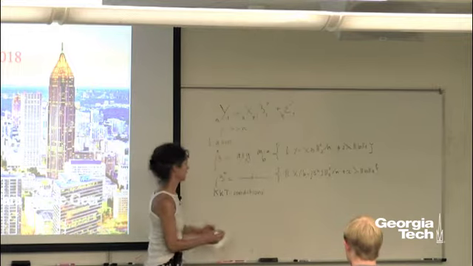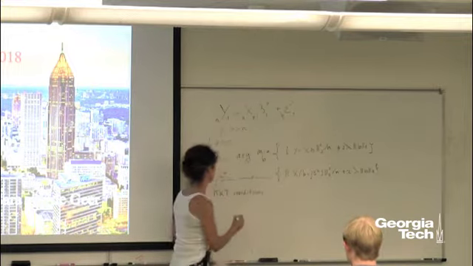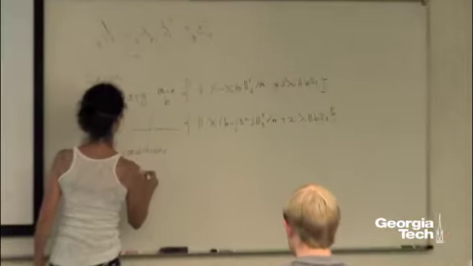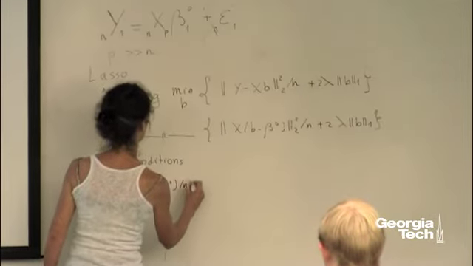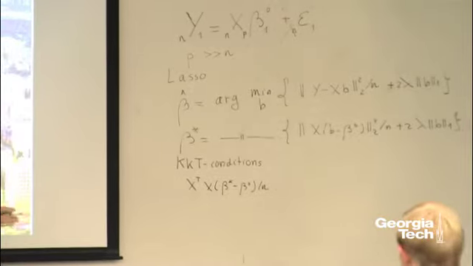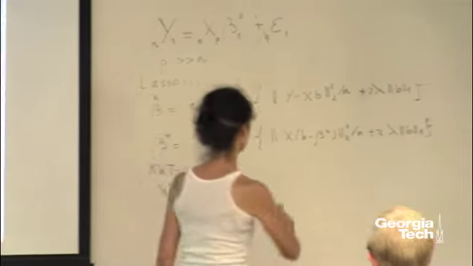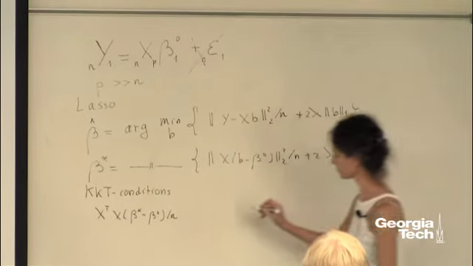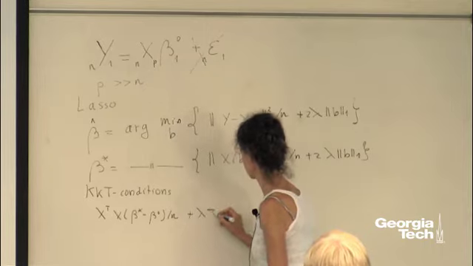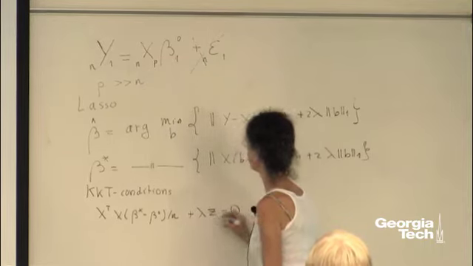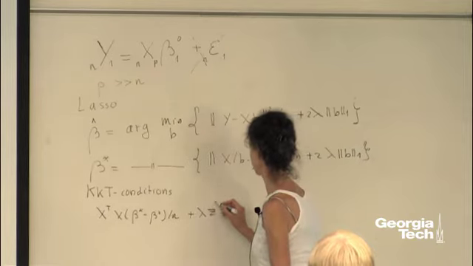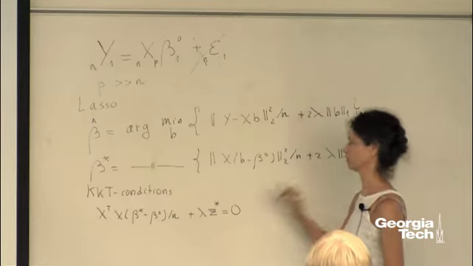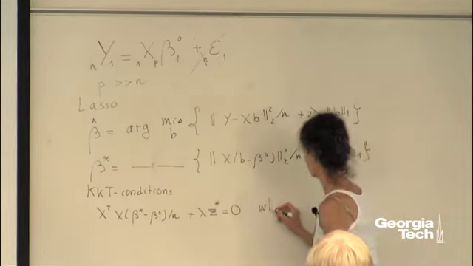Karush-Kuhn-Tucker conditions. That is taking the derivative of this term. That's x transpose x (beta star minus beta 0). And then a 2, but there's a 2 on the other side too, so I'm just cancelling the 2. That's the derivative of this term. And then the derivative of this term is the subdifferential, call it z. So you put the derivative to 0 and solve. Maybe I should put a star here. So this is the subdifferential of the absolute value function, or of the L1 norm.